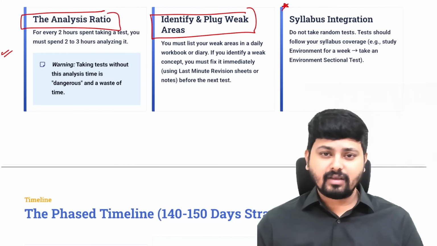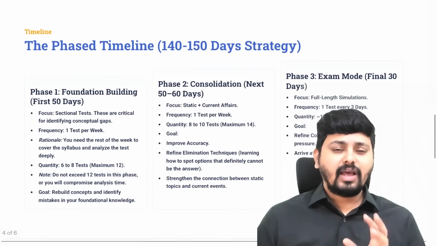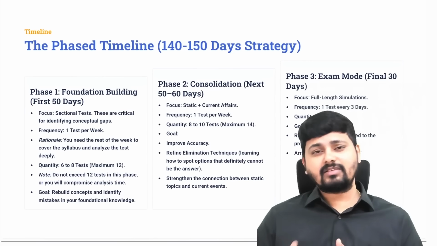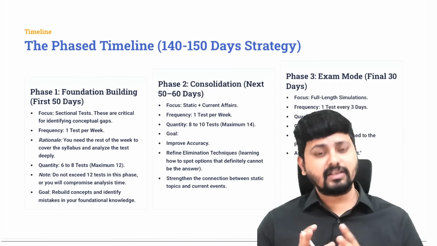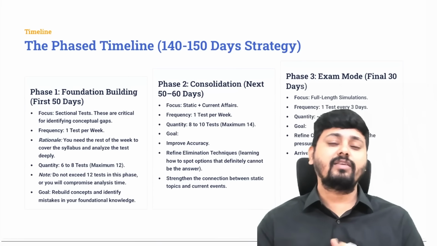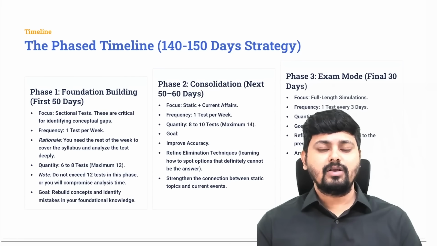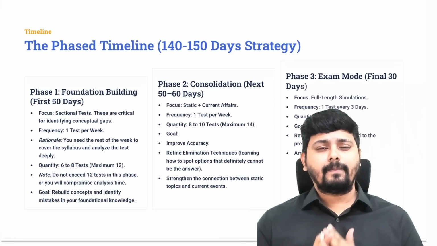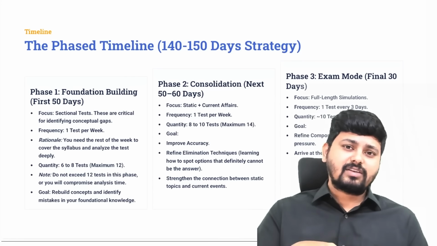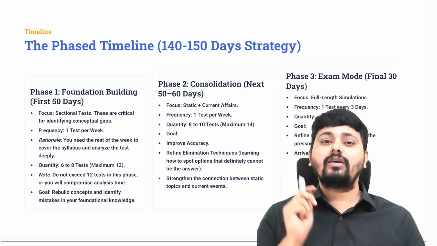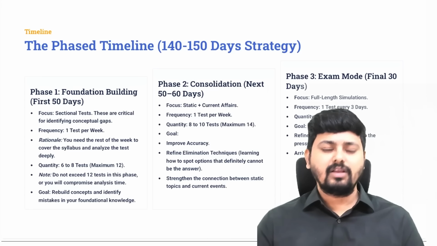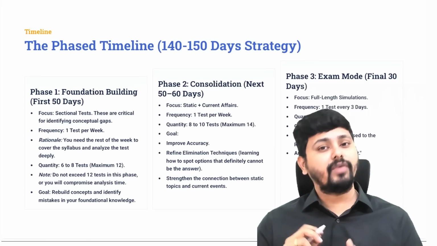Now we have a limited number of days or hours in front of us, and how we should be managing, how many tests are practically possible in the given time. So I would say that in the first 30-35 days, try to complete your core conceptual areas like polity, history, geography, economy.